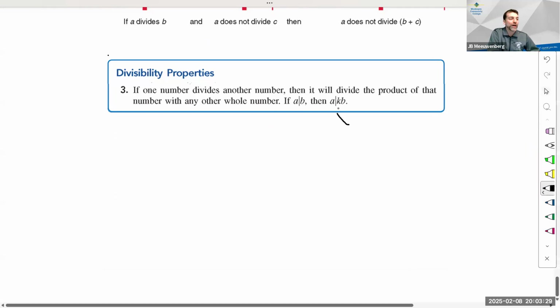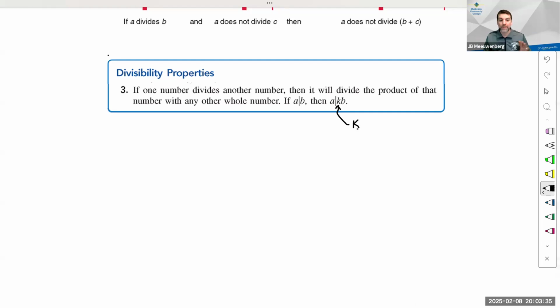We often use the letter K just to represent any number we're going to multiply by, okay? It's a really common use of the letter K. So this says if A divides B, then A divides K times B, again, as long as K is a whole number.